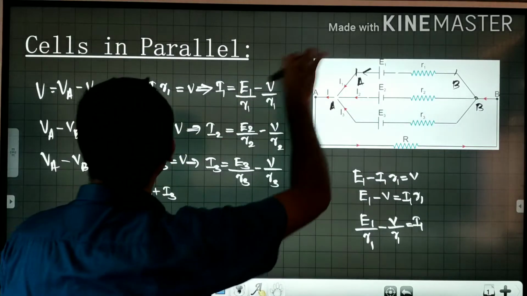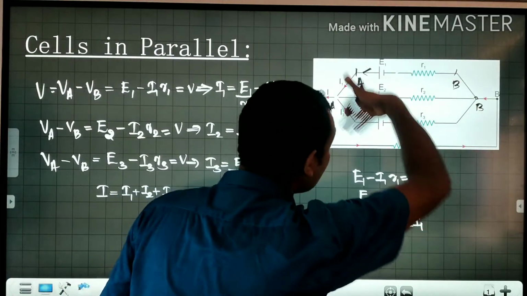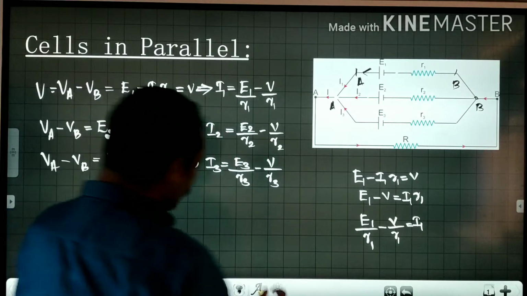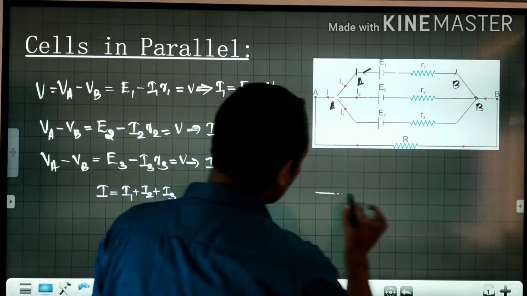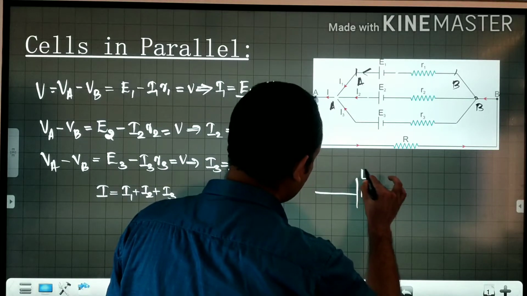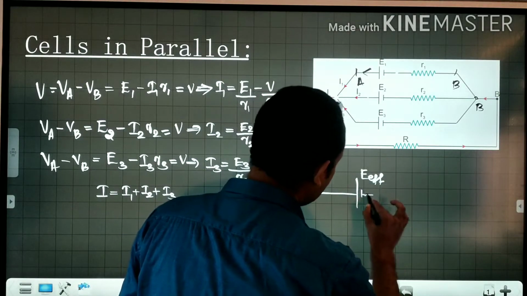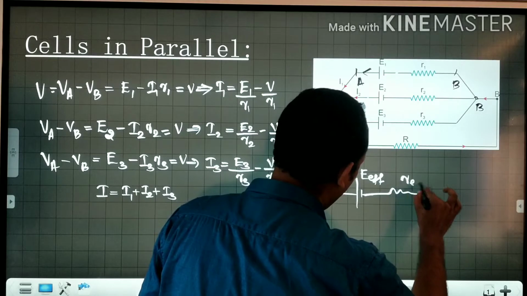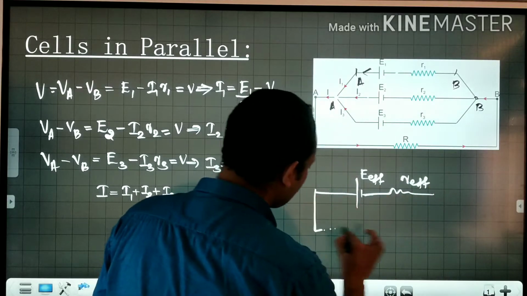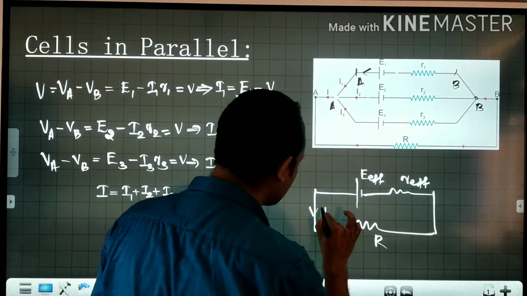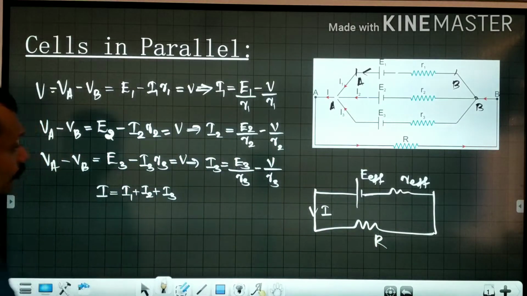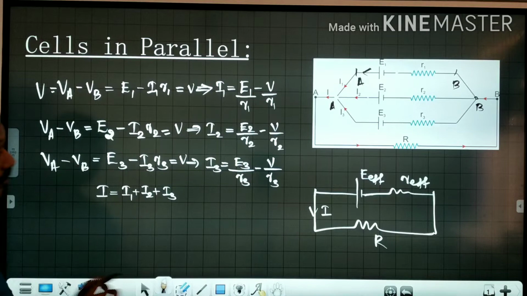Now I'm going to replace I. I want to find the effective EMF of the combination, which means I have to replace this combination with a single cell whose EMF is E effective and whose internal resistance is R effective, and which delivers the same current through the external resistance R. Look at this circuit.